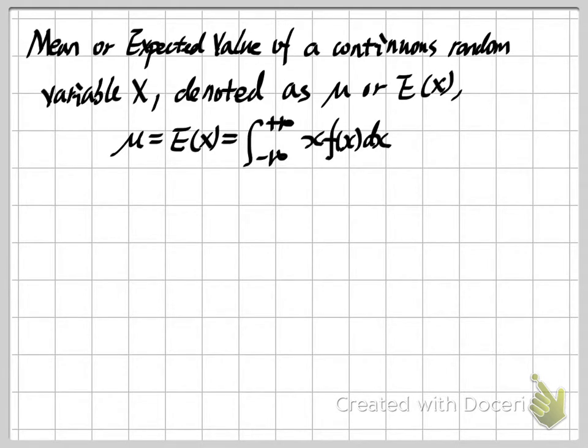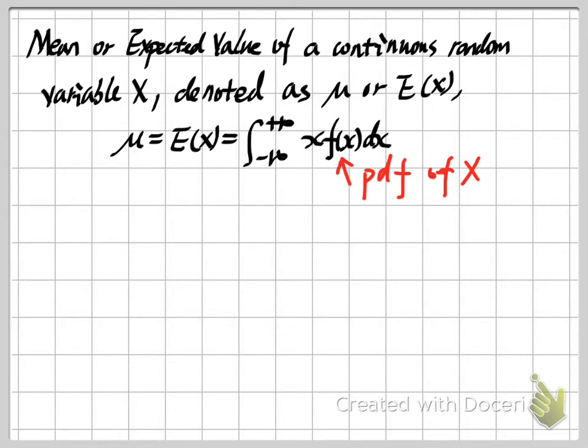So you can see if we denote our continuous random variable as capital X, then the mean, which we also call the expected value of our continuous random variable X, is an integral from negative infinity to positive infinity of x times f(x) with respect to x. Here, this f(x), of course, is our PDF, the probability density function of our random variable X. So this is the definition of our mean.